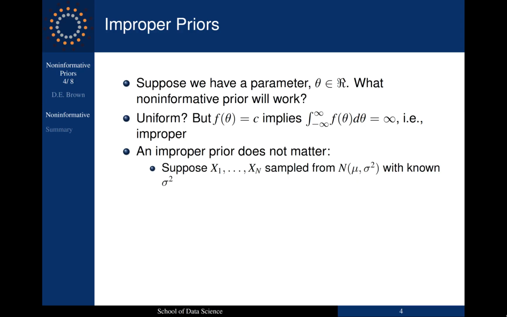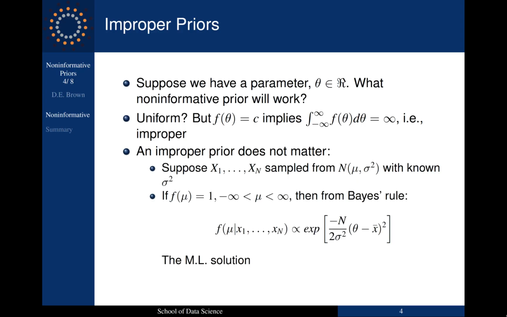And we know what the variance is, so we're just going to concentrate on estimating the mu parameter. Well, if we assume this improper prior, we set f of mu equal to 1, then clearly this is improper because it will, in fact, integrate to something that's not 1. It'll integrate to something that's infinite.